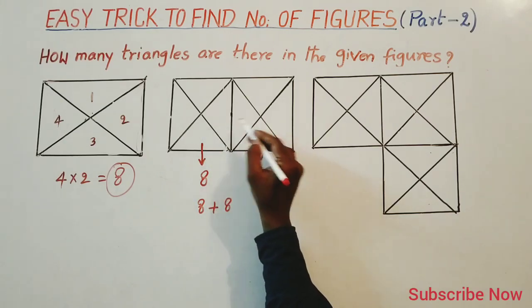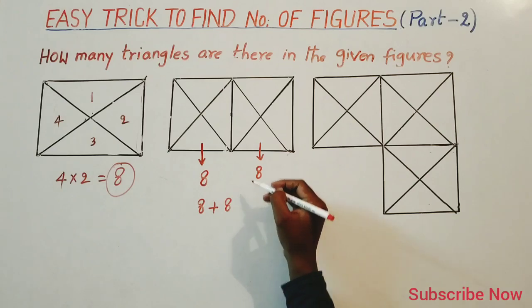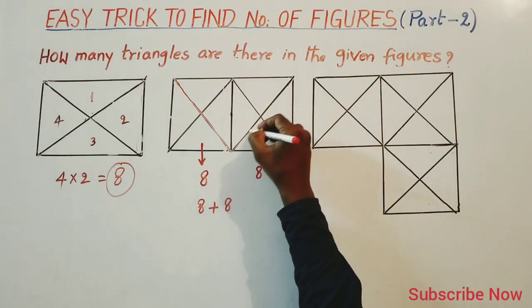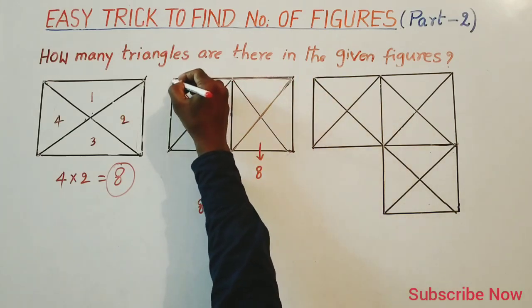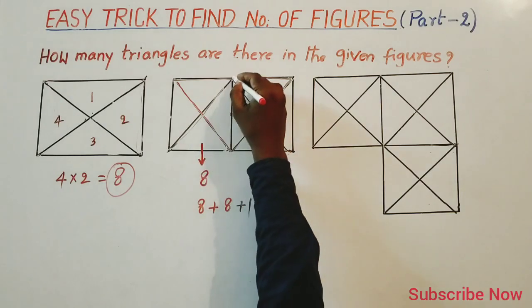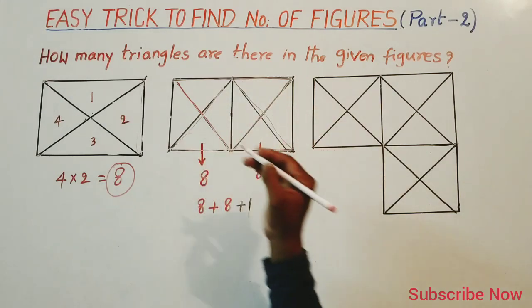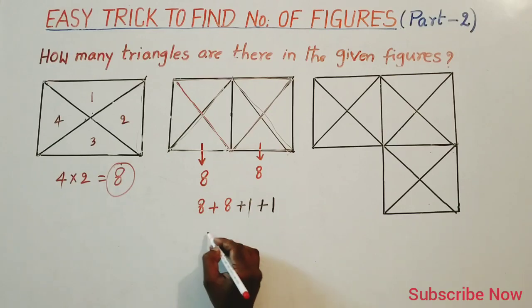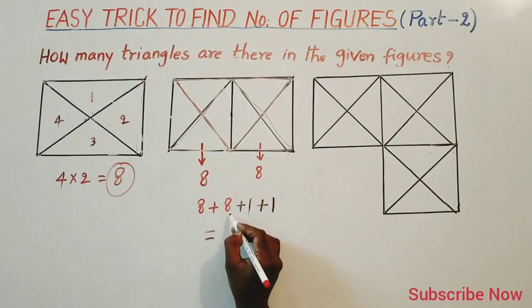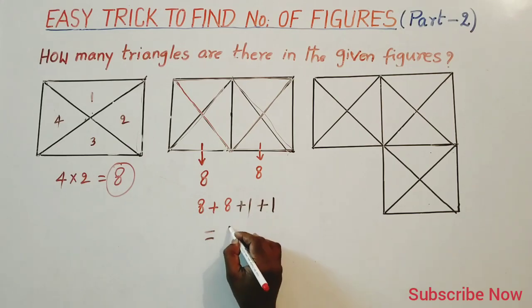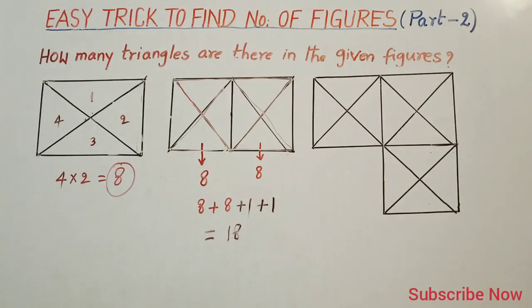And by combining these two figures, you will form another new triangle, that is this triangle plus 1, and again this triangle plus 1. So totally you will get 16, 8 plus 8 16, 16 plus 1 17, 17 plus 1 18. So totally 18 triangles are there.